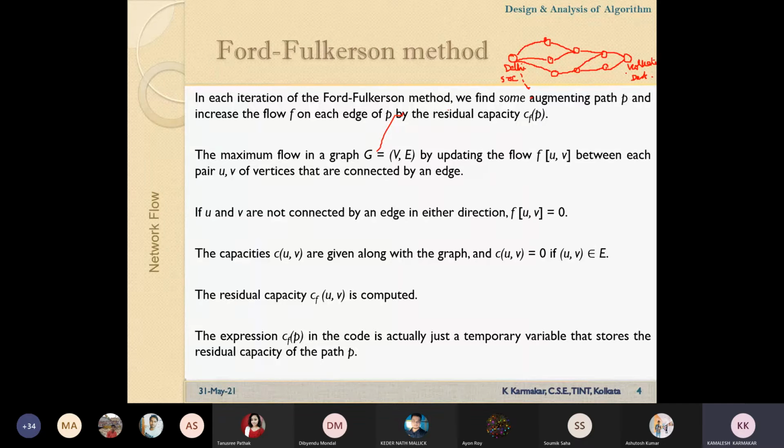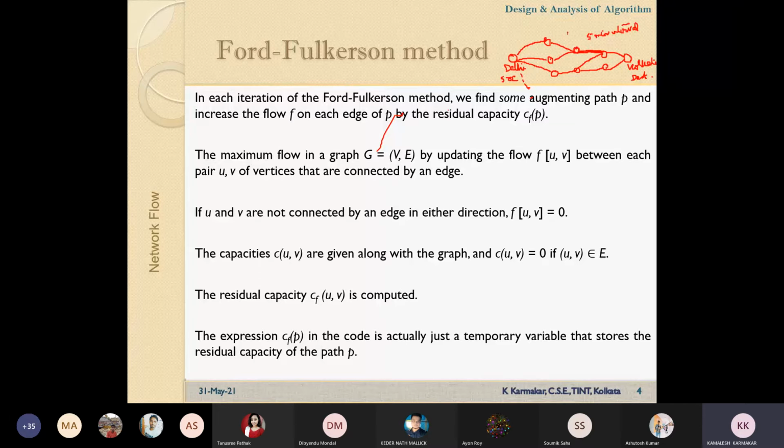Like if I consider a link like this one, why does it have a capacity? Capacity means in this link, we can run trains at a 5-minute interval. Within 5 minutes, one train departs this station.